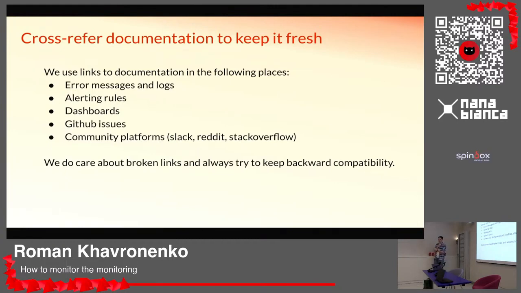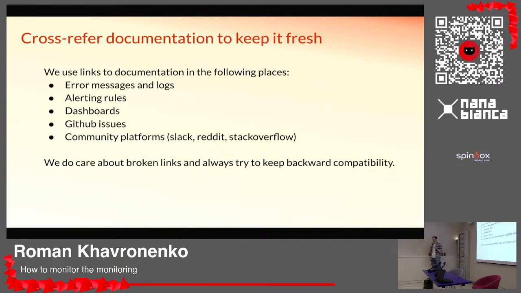search engines usually scan GitHub, and they scan Reddit and Stack Overflow. So when a user types some question into Google, like how to solve this bug in VictoriaMetrics, he will be taken to a specific GitHub issue, which elaborately explains what is going on and how to fix it.